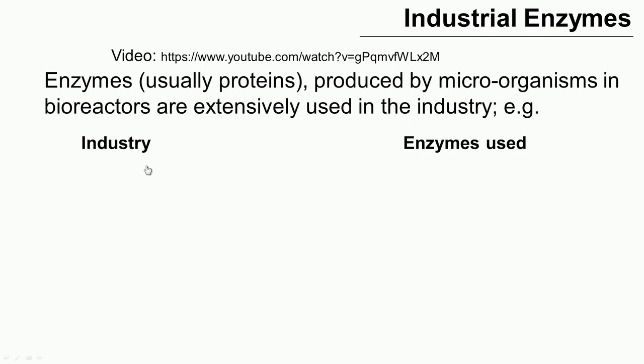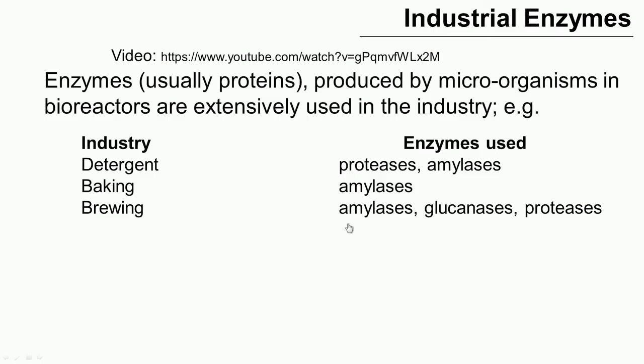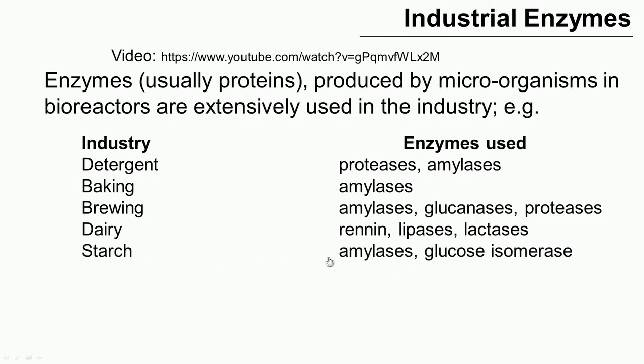For example, the detergent industry uses proteases and amylases for better cleaning power. Baking industry uses amylases. Brewing industry uses amylases, glucanases and proteases. Dairy industry, renin, lipases, lactases. Starch industry uses amylases, glucose isomerase. Textile industry uses amylase.